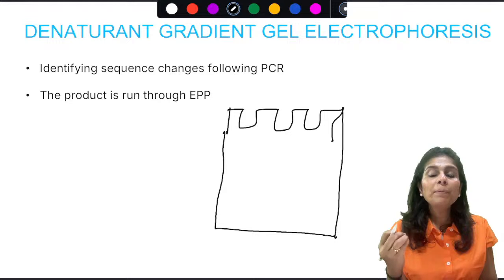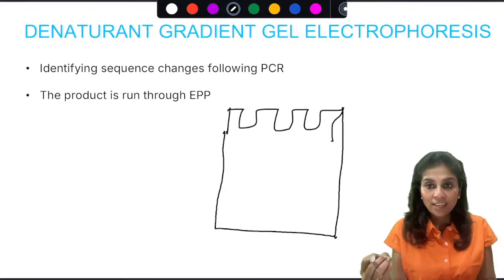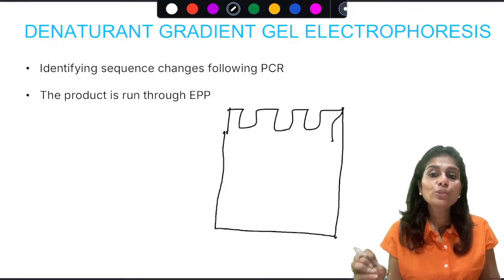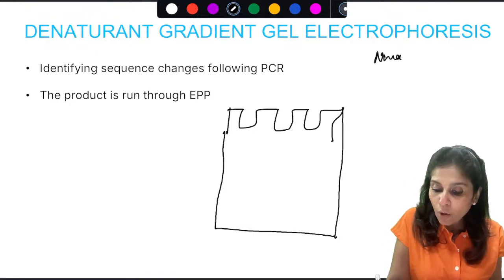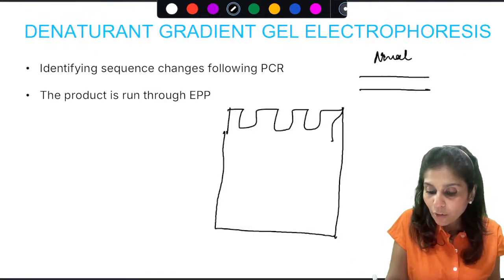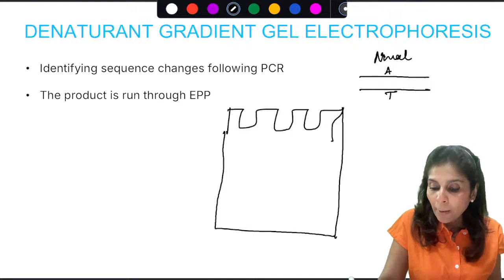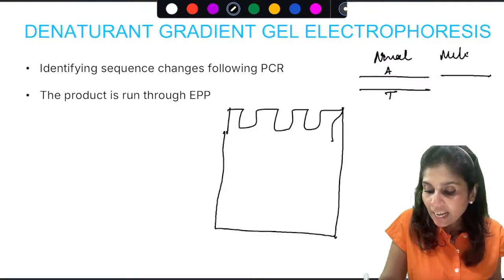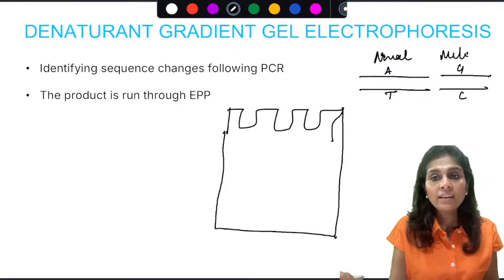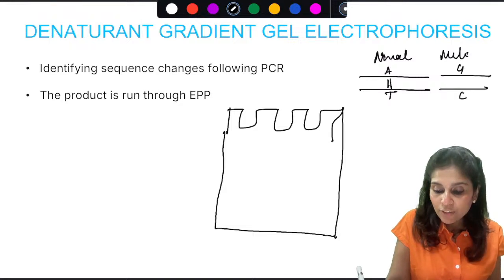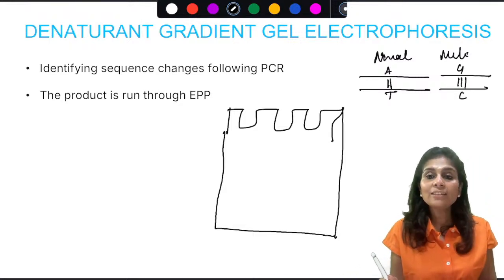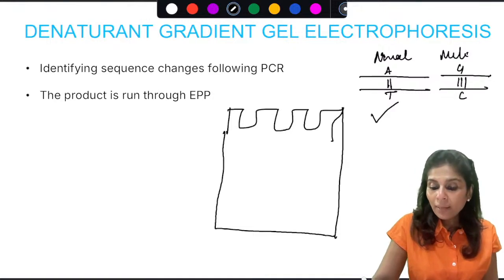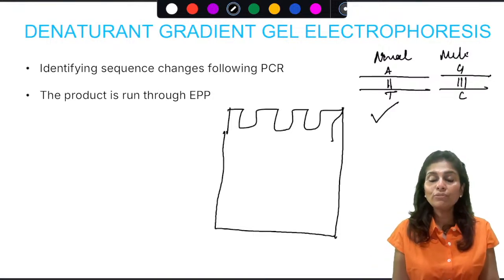Okay, and depending upon the sequence change, the point at which denaturation happens will be different. For example, if the normal allele has AT, but if the mutant allele has GC, okay, AT has double bonds, GC has triple bonds. So which will undergo denaturation faster? The normal allele will undergo denaturation faster.